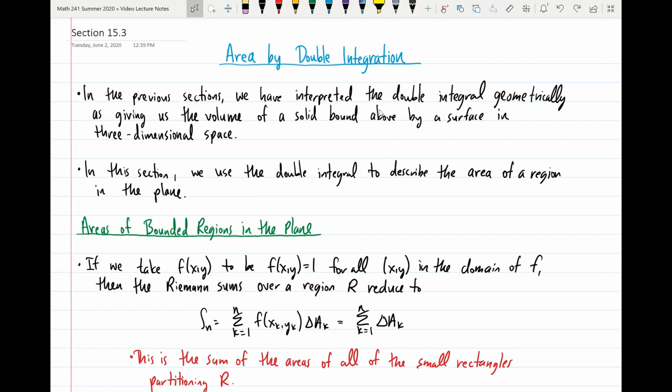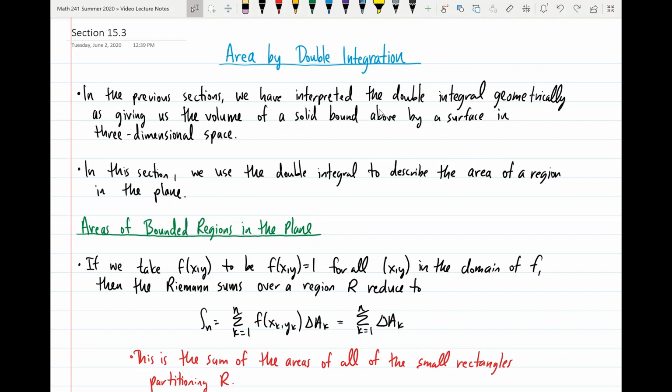So in the previous sections, 15.1 and 15.2, we interpreted the double integral geometrically as giving us the volume of a solid in three-dimensional space that's bound above by a particular surface represented by the function z equals f of x y.